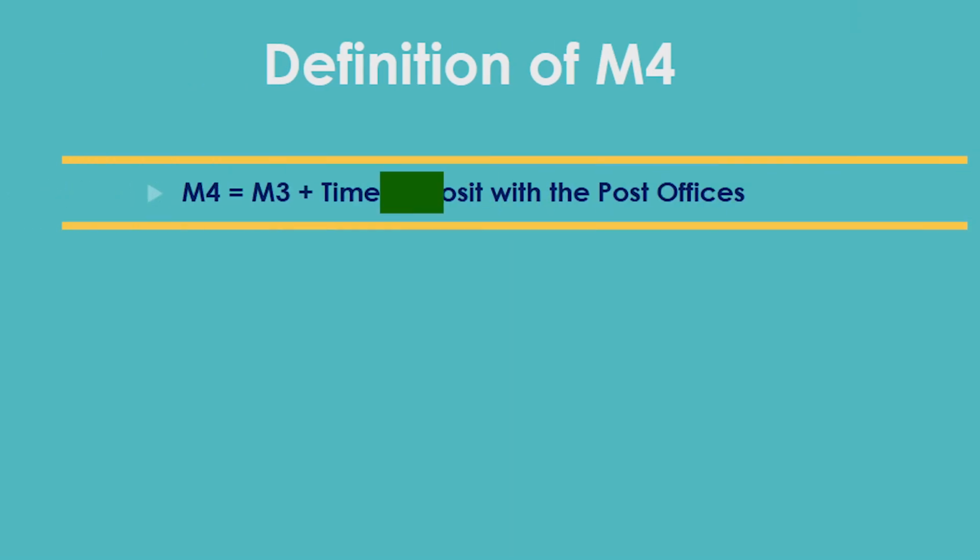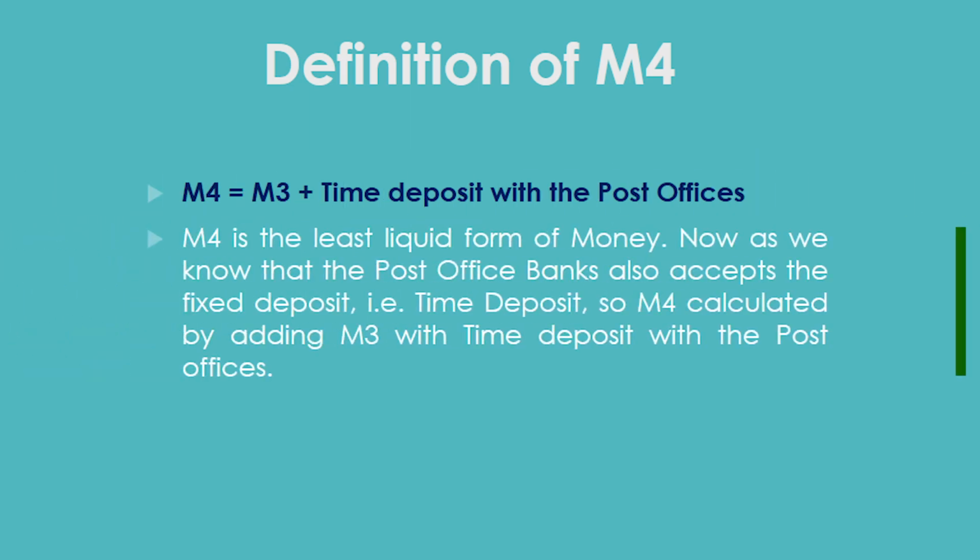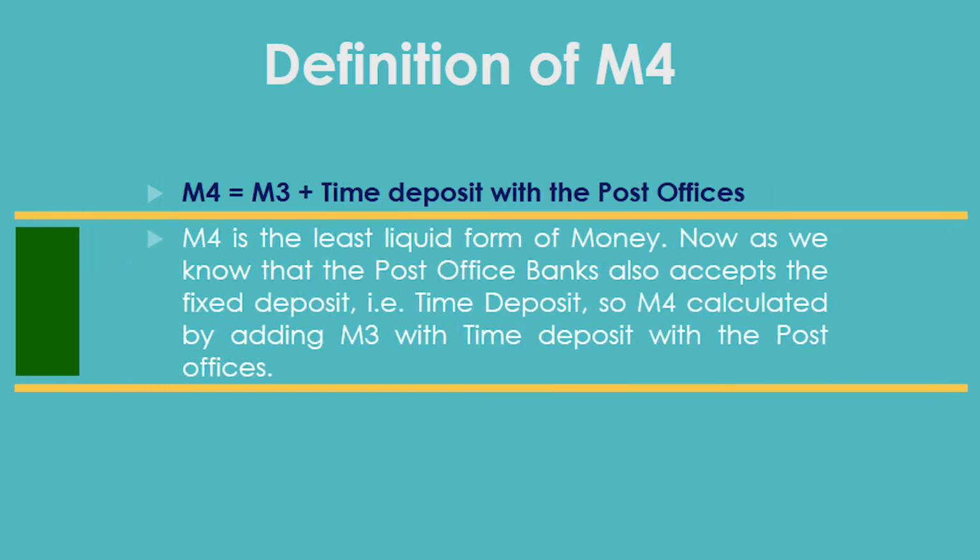We next come to the definition of M4. Now, M4 basically implies M3, mind it, not M1 plus M2. It is M3 plus time deposit with post offices. So as you see, in M3, we did not include the time deposit with post offices. We had only the time deposit with the commercial banks.